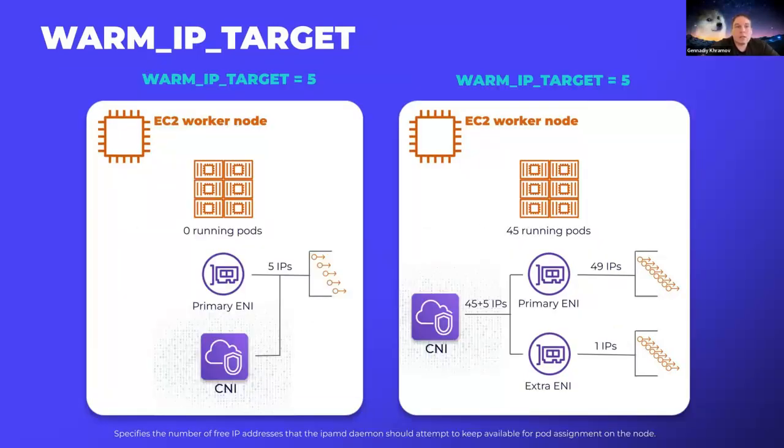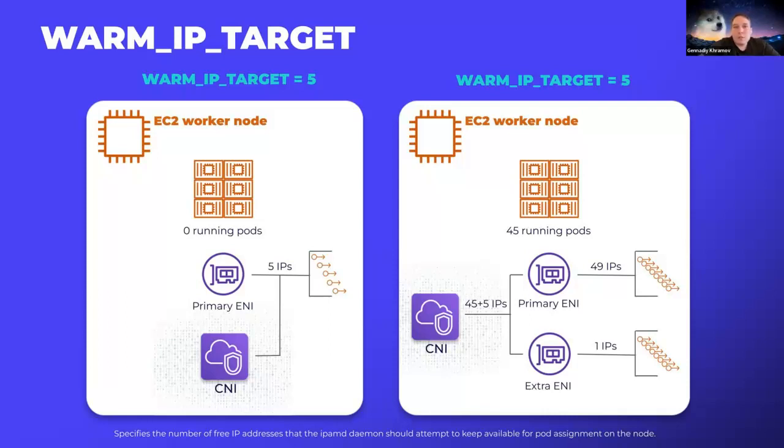Next one is WARM_IP_TARGET. It specifies the number of free IP addresses that the IPAM daemon should attempt to keep available for pod assignments on the node. You need to be careful with this parameter because setting it will cause additional calls to the EC2 API, and this might cause throttling of the requests.